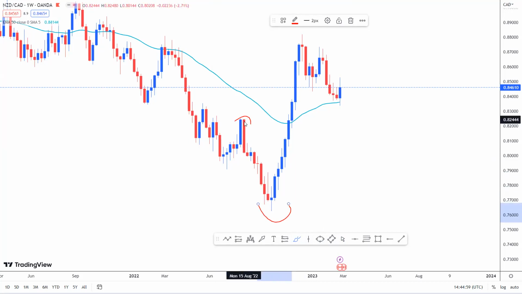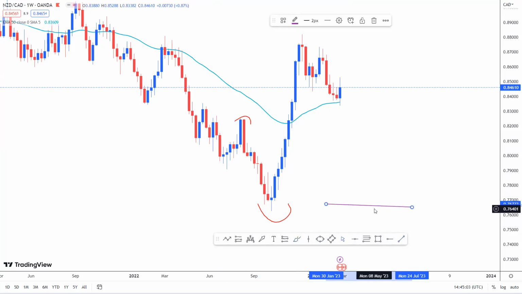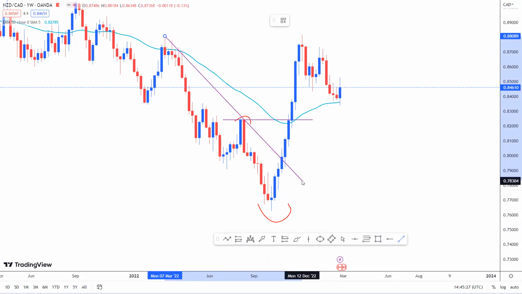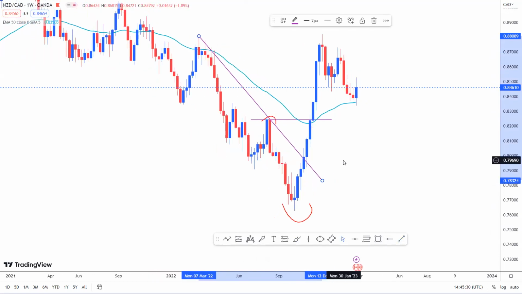So for as long as we stayed below that level, we were expected to still be in a downtrend. But now you can clearly see we have a very bullish market, rallying all the way to the upside, breaking above the previous swing high, shifting the market structure again from bearish to a bullish market structure, as you can see right here.